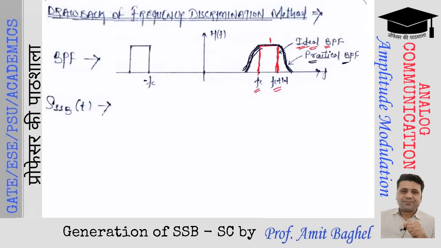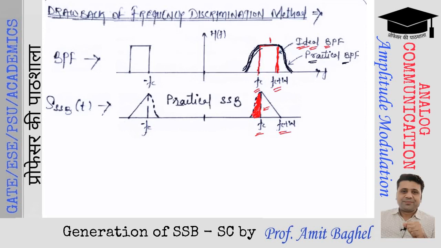We are going to have the upper sideband, that means the sideband which ranges from Fc to Fc plus W, and the vestige of the other sideband. That means we get partial components of the lower sideband which exist at the neighboring frequencies of Fc. And this is the practical single sideband suppressed carrier.